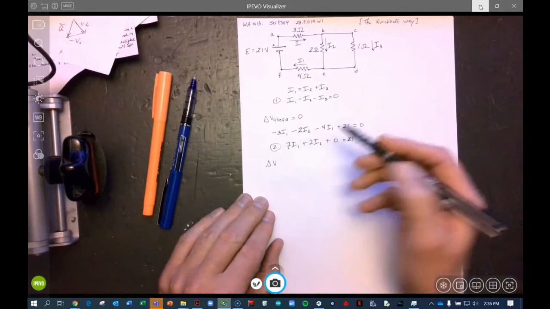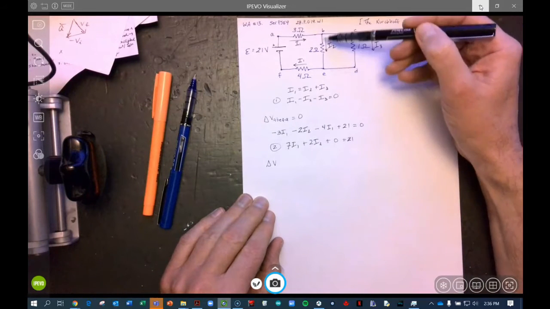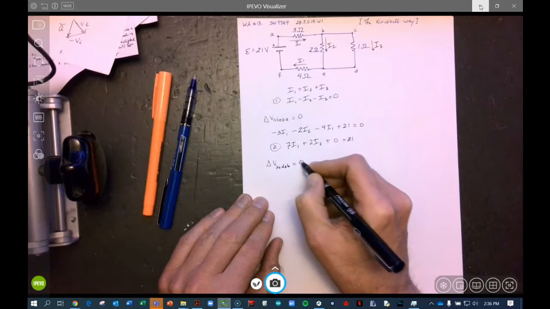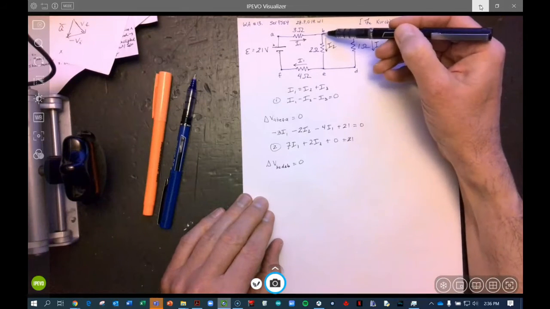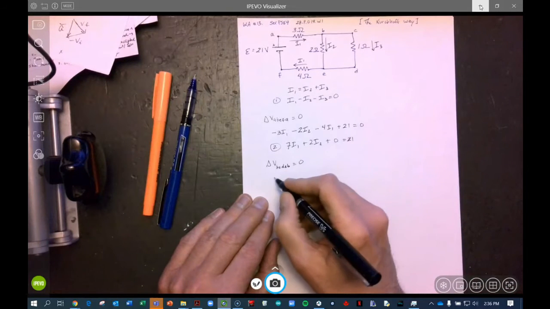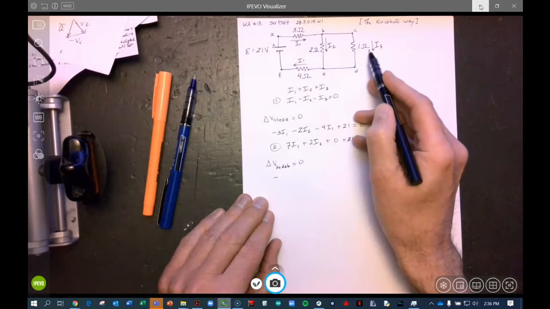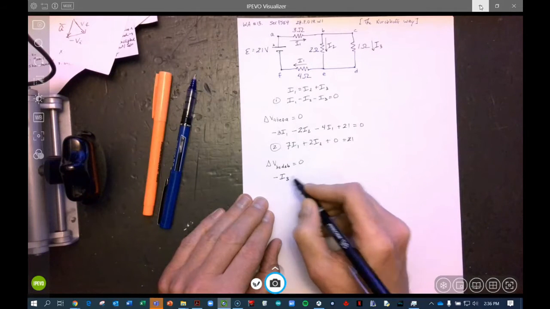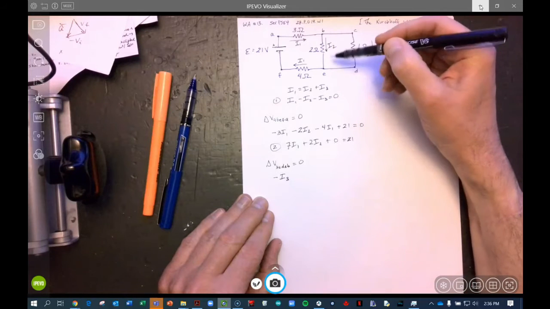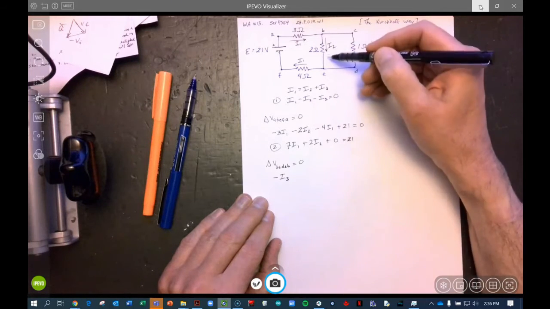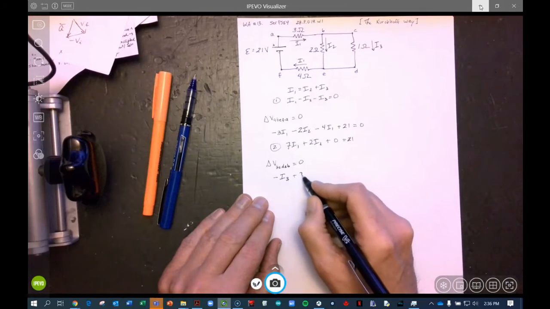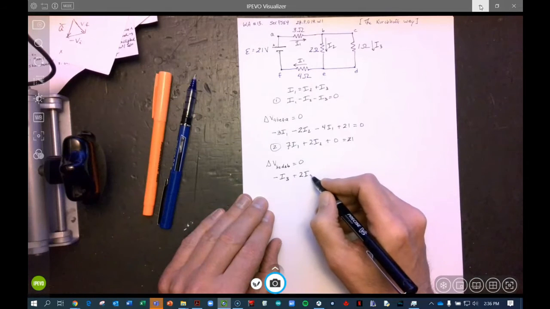Then we're going to look at the voltage drop across the right loop, which is B, C, D, E, B, and that voltage drop is 0. We start here and come down, looking in the same direction as our current, so this is going to be minus 1 ohm times I3. Then when we come up this way, the voltage drop is positive this time because I'm looking in the opposite direction as my current, so it's positive 2 ohms times I2.